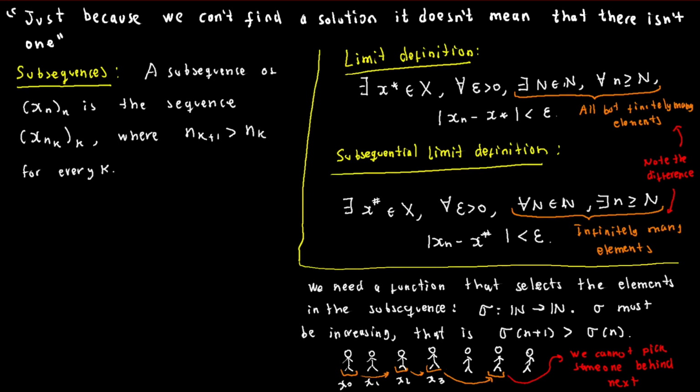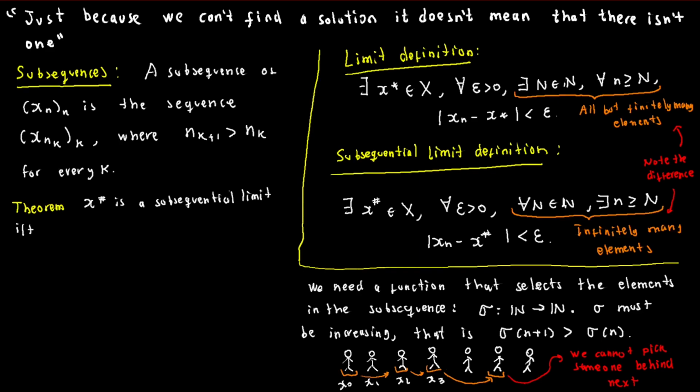It's like creating a guest list for a party. We only pick the guests that are going to the same party, in this case, the ones that converge to the same limit.